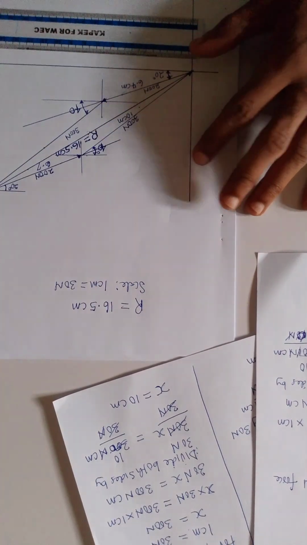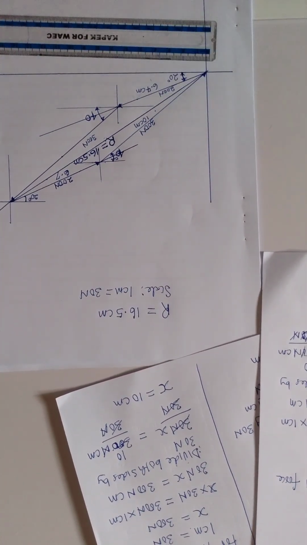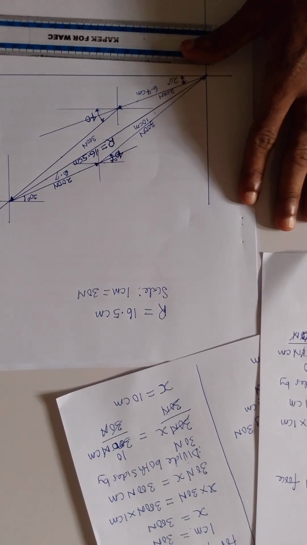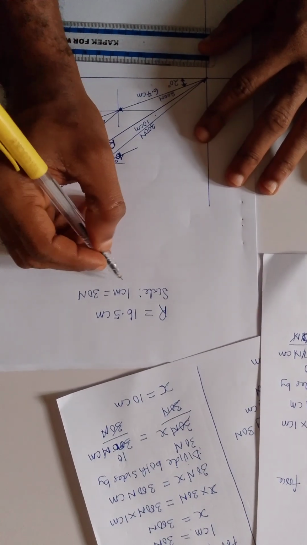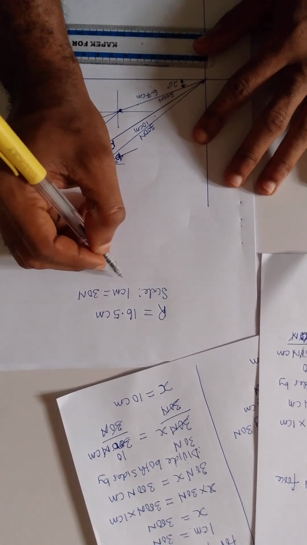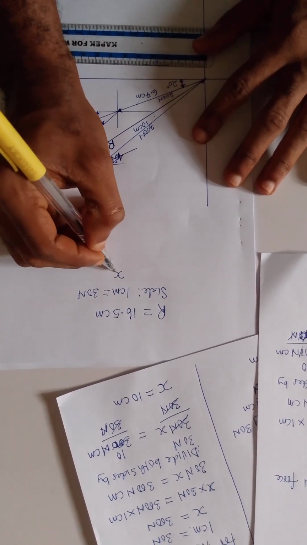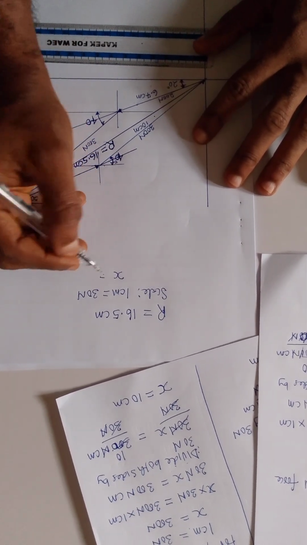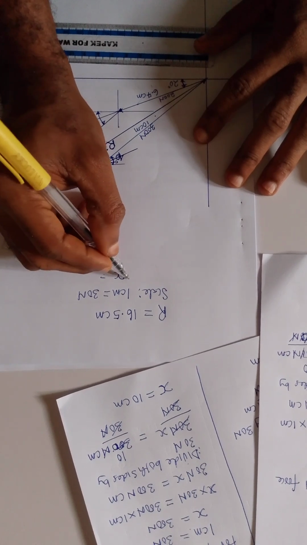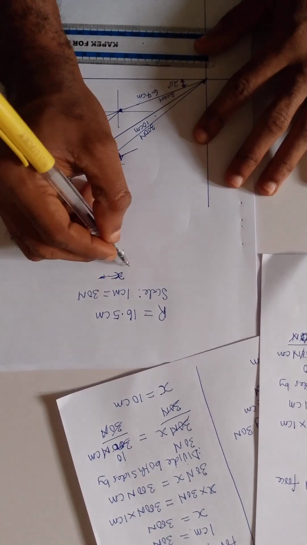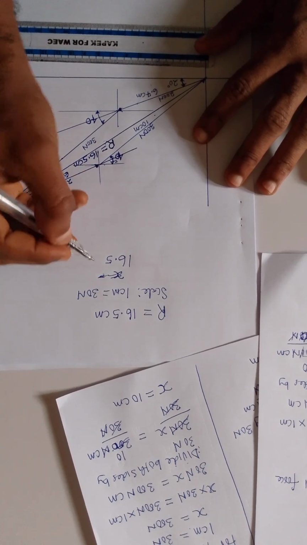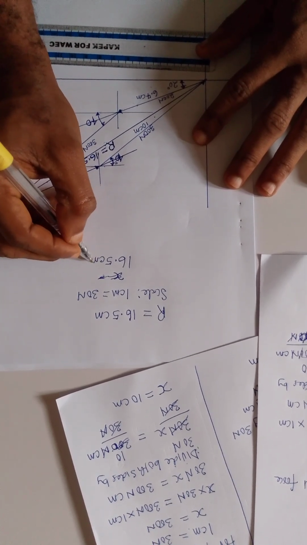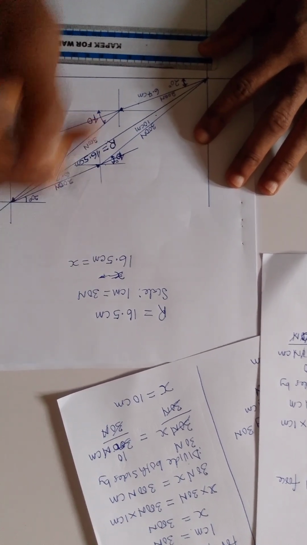And so if we are to convert this resultant in cm to Newton, we can call the resultant x, and we can say that 16.5 cm will be equal to x.